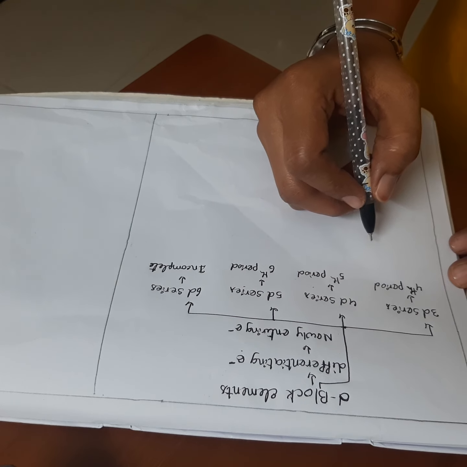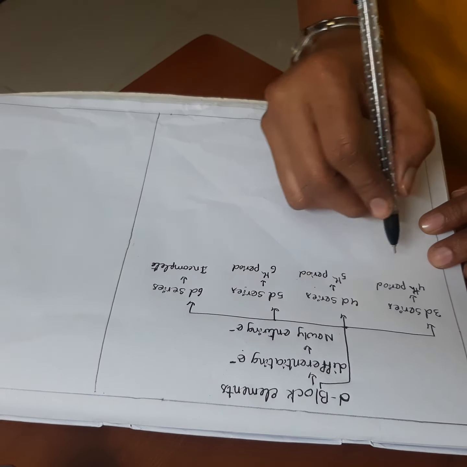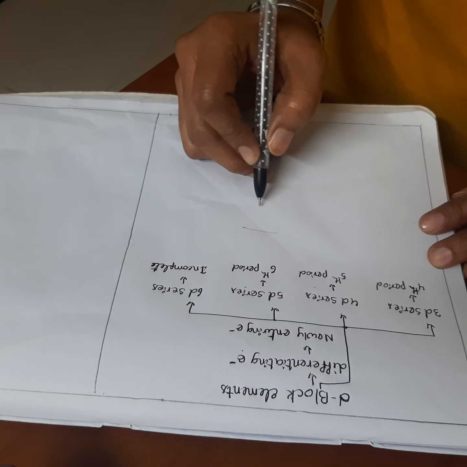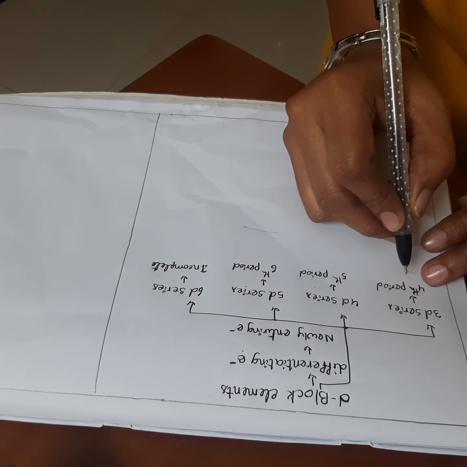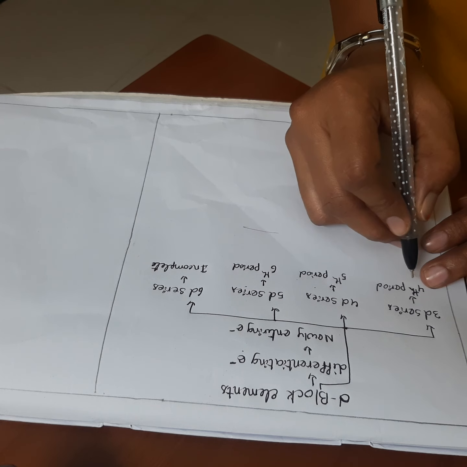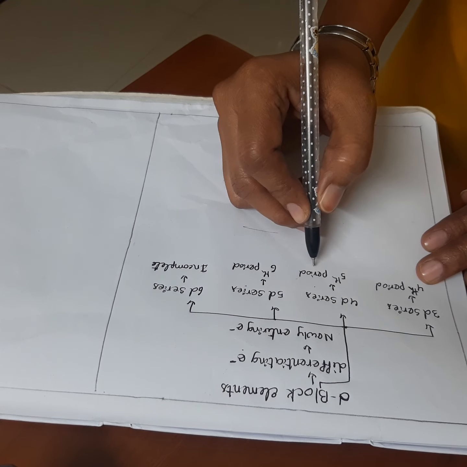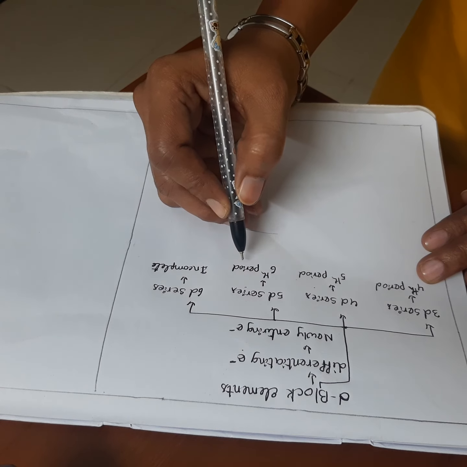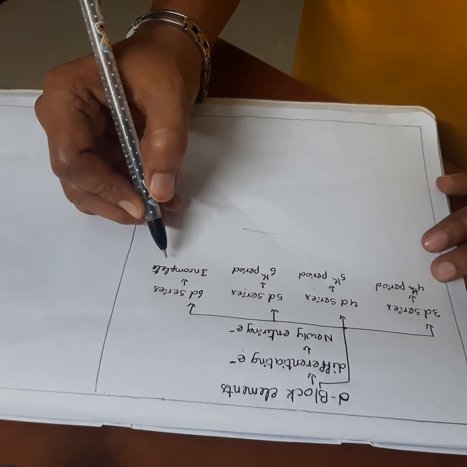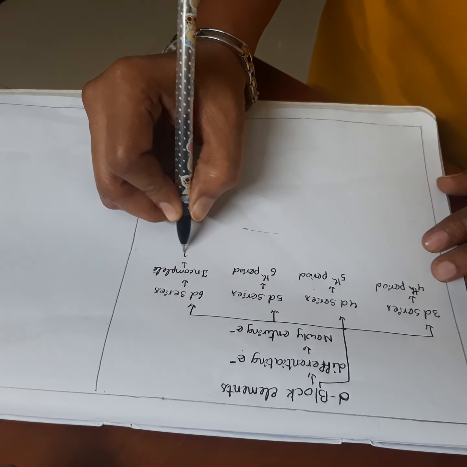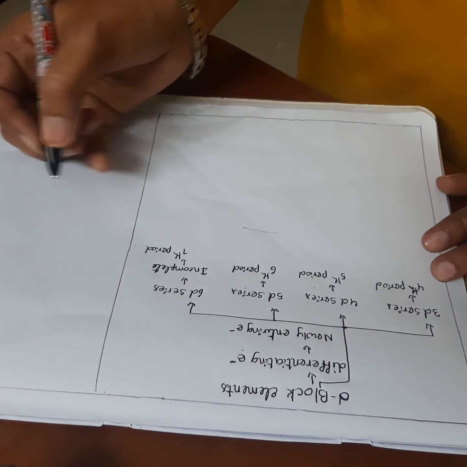In the modern periodic table, we have 7 horizontal rows, and those rows are called periods. So the 3d series is present in the fourth horizontal row, called the fourth period, and the 4d series elements are present in the 5th period. 5d series elements are present in the 6th period, and 6d series elements are present in the 7th period, and it is incomplete. Already we know that the 7th period in the modern periodic table is incomplete.